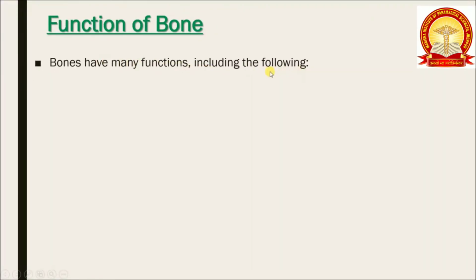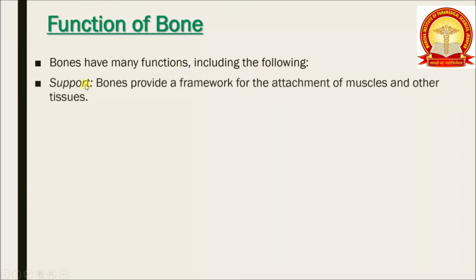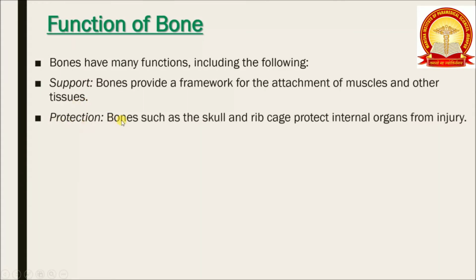And now, what is the function of bones? Bones have many functions including the following. The first one is support. Bone provides a framework for the attachment of muscles and other tissues. Second is protection. Bones such as the skull and the rib cage protect internal organs.